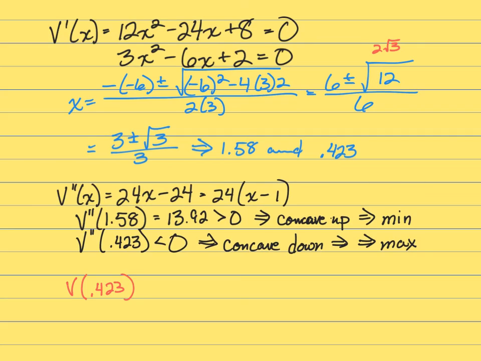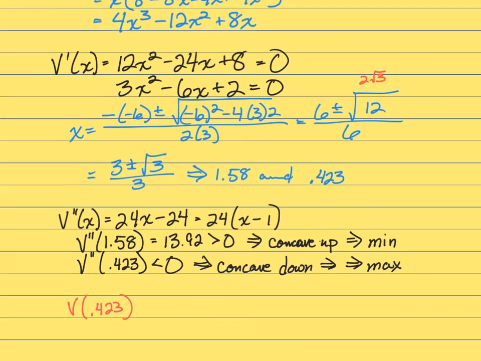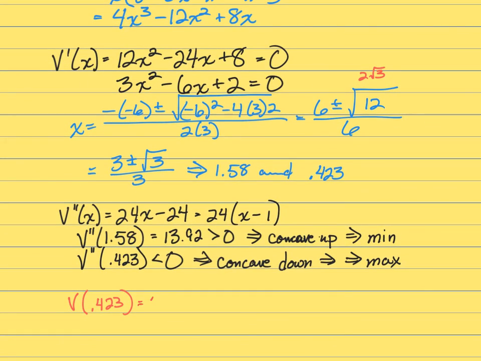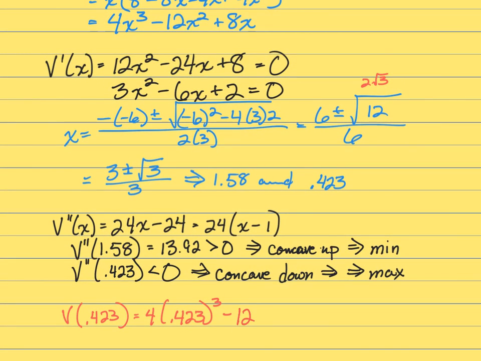If we want to know what that maximum is, we plug 0.423 into our original function, right? So 4 times 0.423 cubed minus 12 times 0.423 squared plus 8 times 0.423.